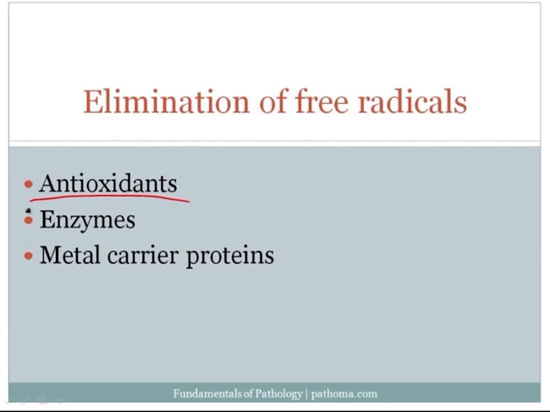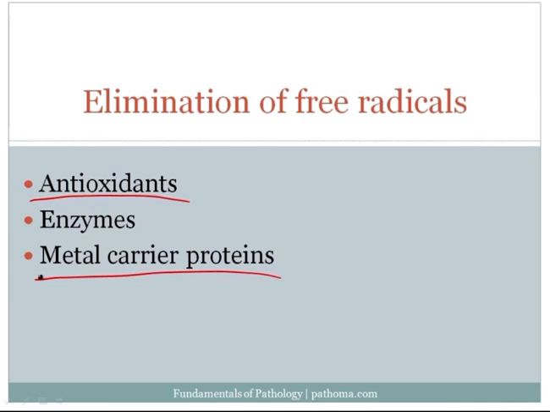Another important mechanism of elimination of free radicals, I'm going to go a little out of order, is metal carrier proteins. Metal carrier proteins are what I've already talked about. You know that copper and iron have the ability to create free radicals, iron in particular, by the Fenton reaction, and the generation of free radicals is a dangerous thing. And so the way by which the body handles that is to have metal carrier proteins.